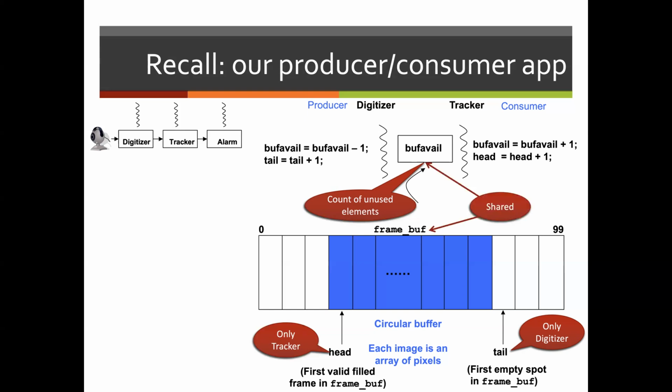Frame buff is going to be shared between both. And so global variables that are involved are buff available as well as the frame buff that is used.